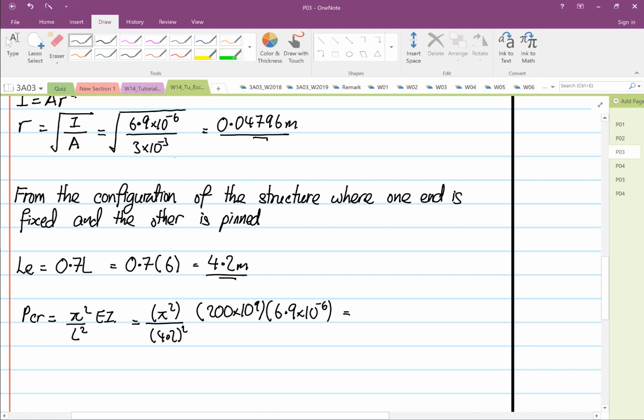So our critical load is pi squared, 4.2 squared, 200 times 10 to the power 9 times 6.9 times 10 to the power minus 6, which is 772.112 times 10 to the power 3 Newton.